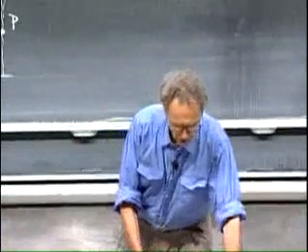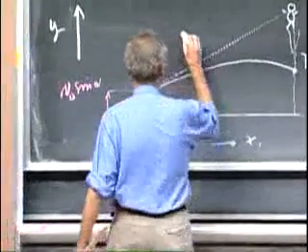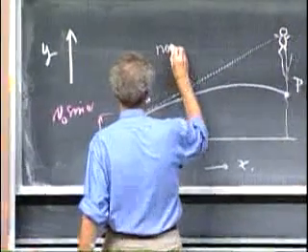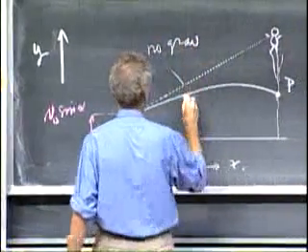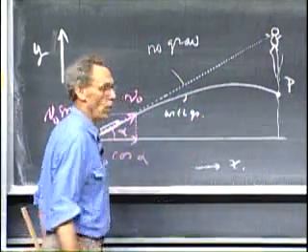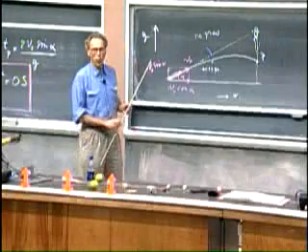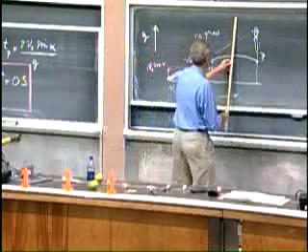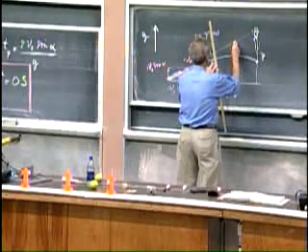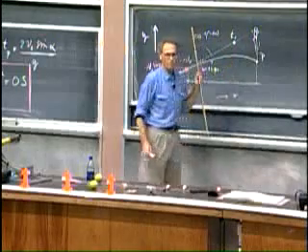I asked the following question. This would be the trajectory with no gravity, and this is the trajectory with gravity. We can both agree on that. At a certain moment t1, let us assume that the golf ball would have been here without gravity.